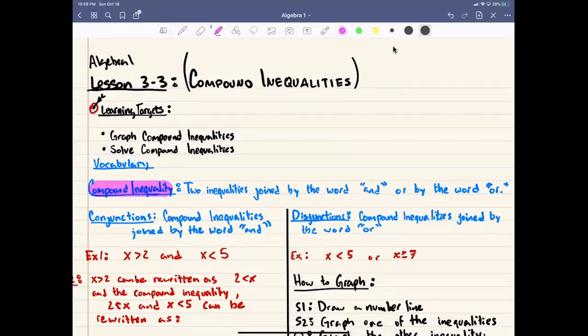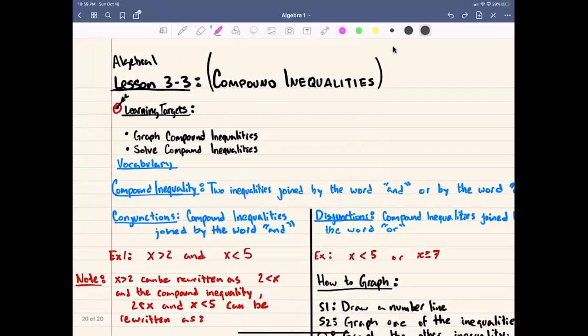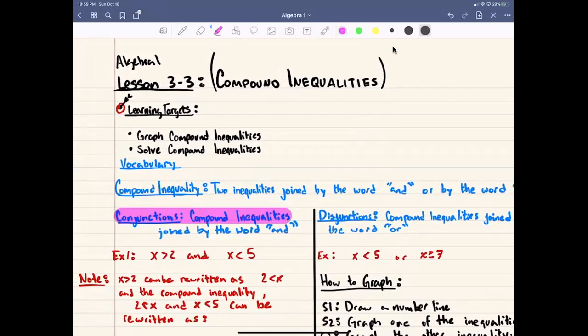We have compound inequality. That is two inequalities joined by the word and or by the word or. So that's pretty much it. It's basically when you have two inequalities put together, and you're either going to use the word and or use the word or. If you use the word and, that's going to give you a conjunction.